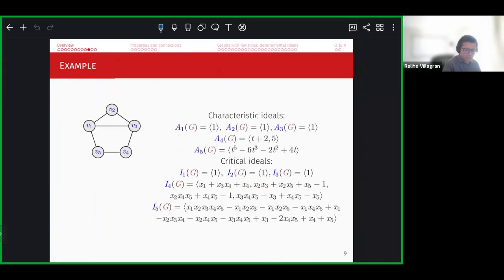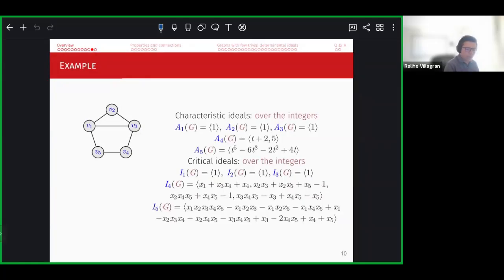Distance ideals. So this is an example, right? Let's keep thinking about the house graph. If we compute the characteristic ideals and the critical ideals, they are quite different. Notice that the ring matters, okay?